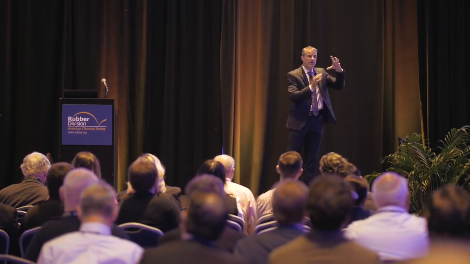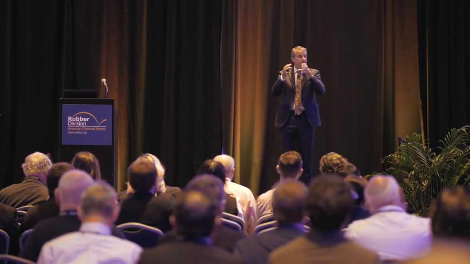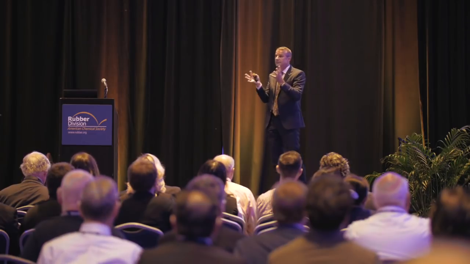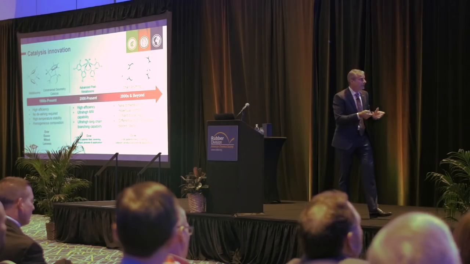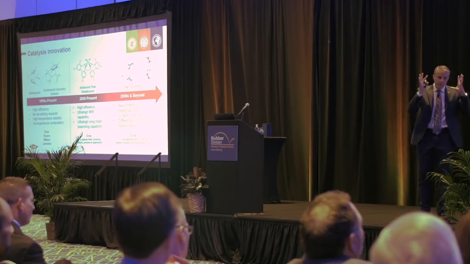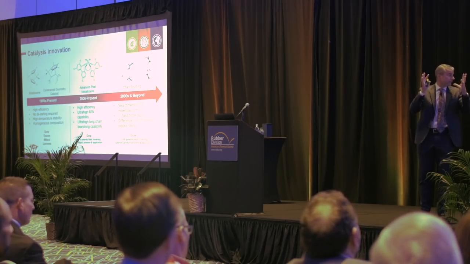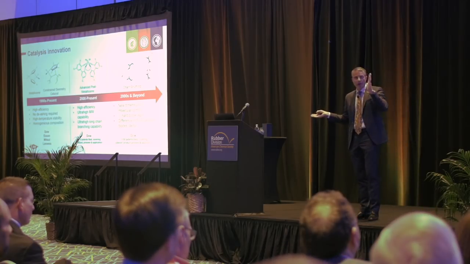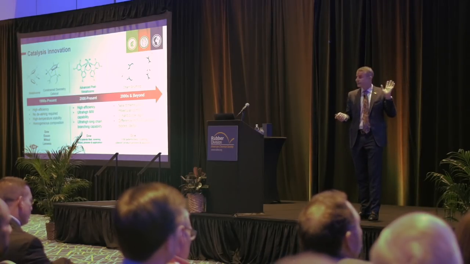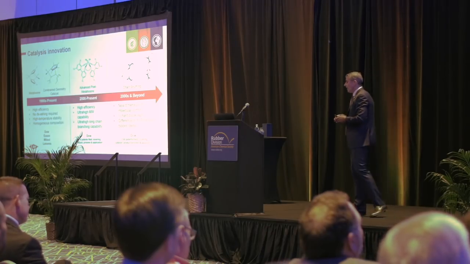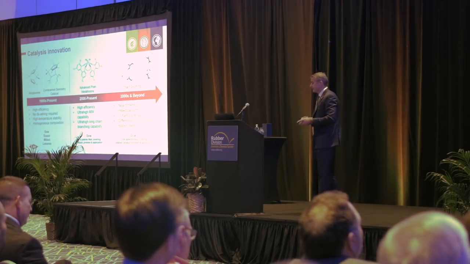These blocks of more elastomeric pieces and very crystalline pieces give you unique properties that are really exciting, with thermal versus elastic properties. So you can really define the properties of your final elastomers.